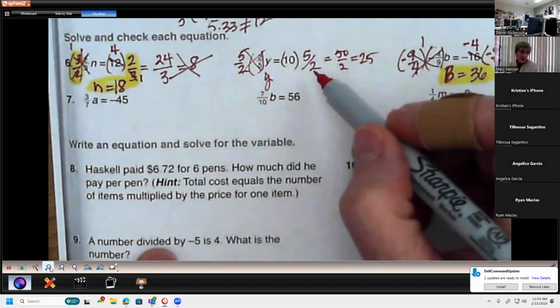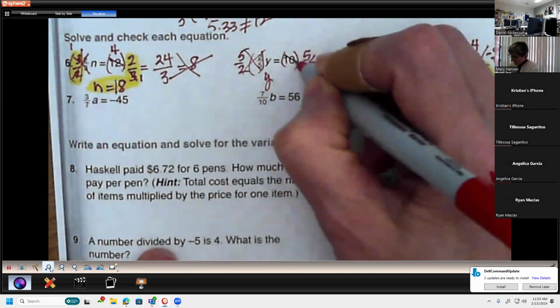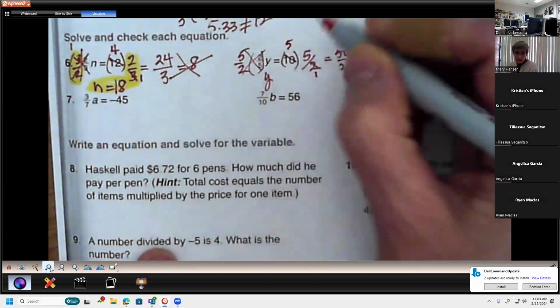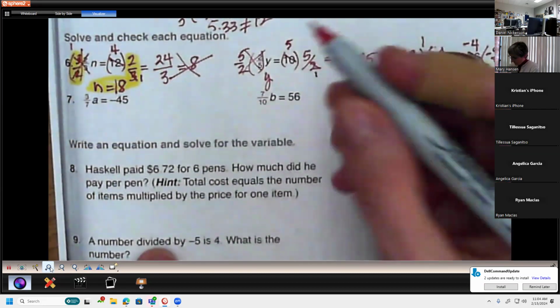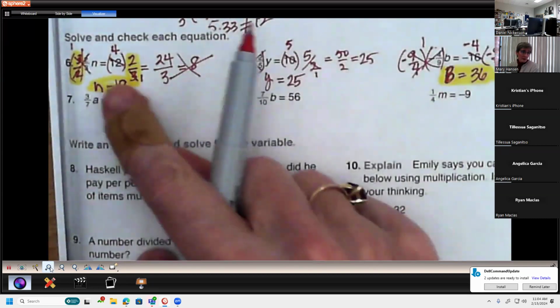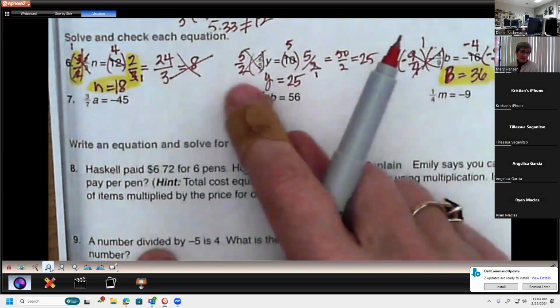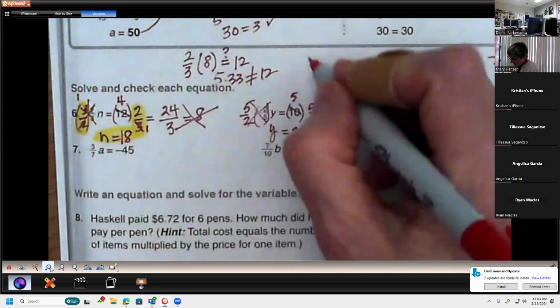Or you can say 2 divides into 10, so 2 divided by 2 is 1, and 10 divided by 2 is 5. And then you have 5 times 5, which is also 25. So for this middle problem on the number 6 line, the answer should be y is 25. And you can check that.